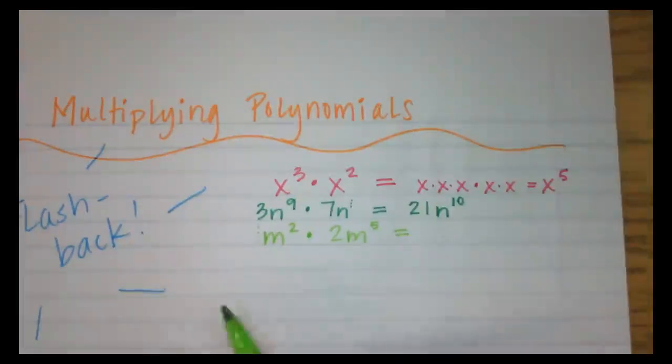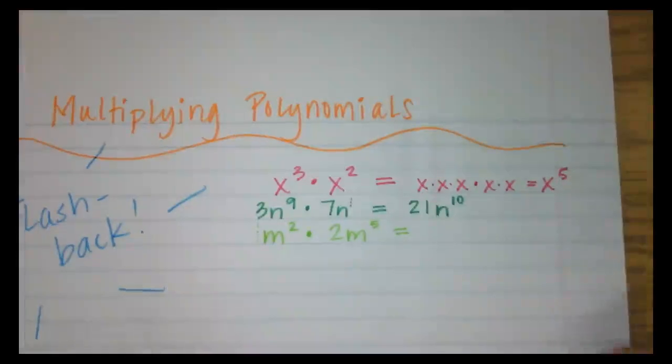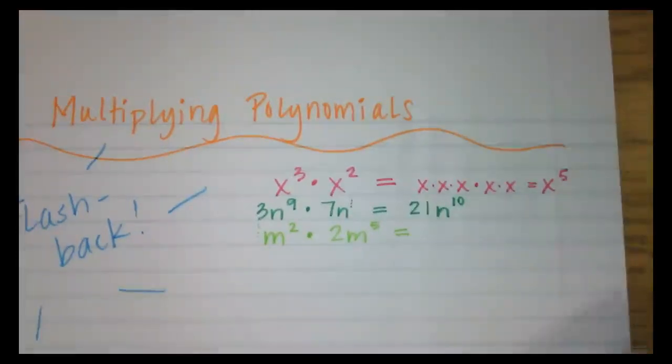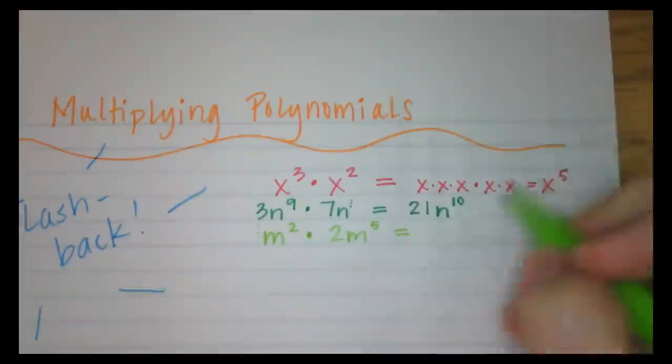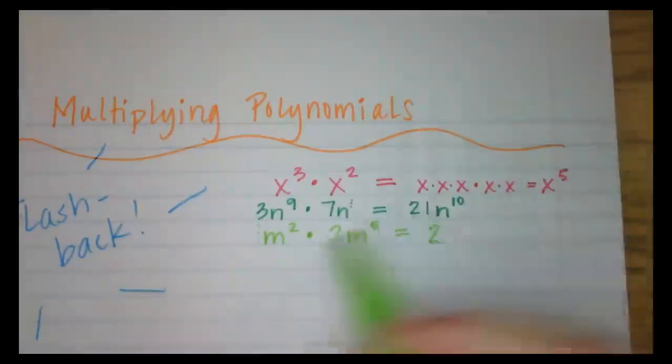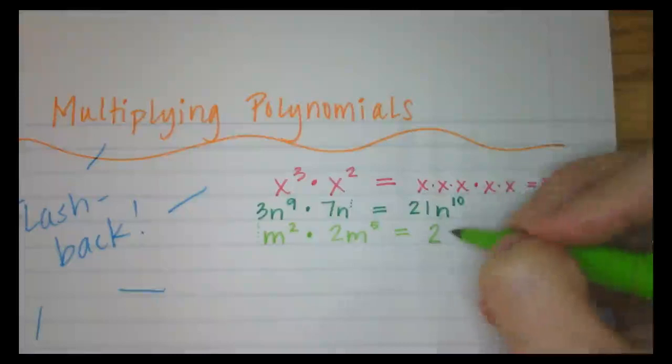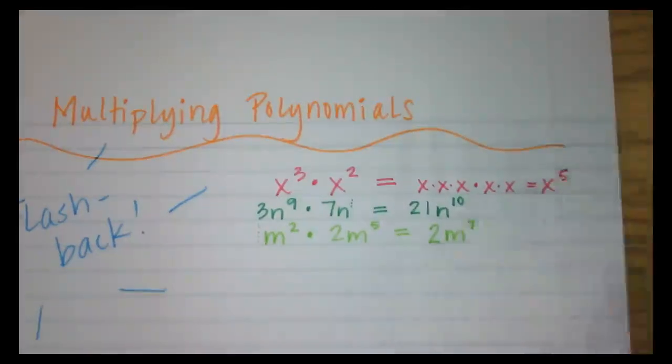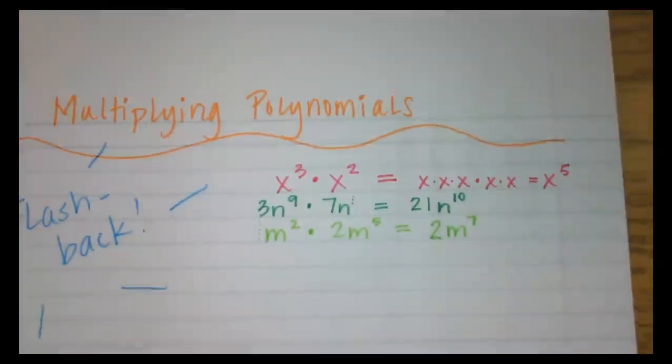We don't need 1m squared because that truly isn't simplified. So 1 times 2 would be 2, and m squared times m to the fifth would be m to the seventh. That's just a quick flashback on what you learned last year in Math 8.